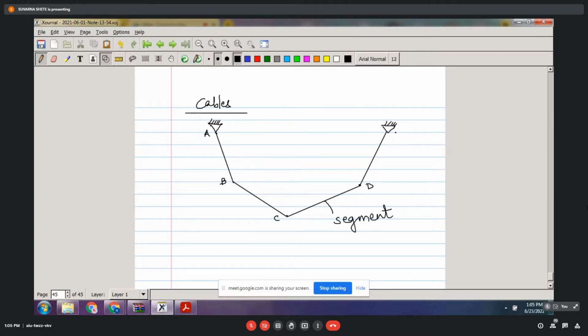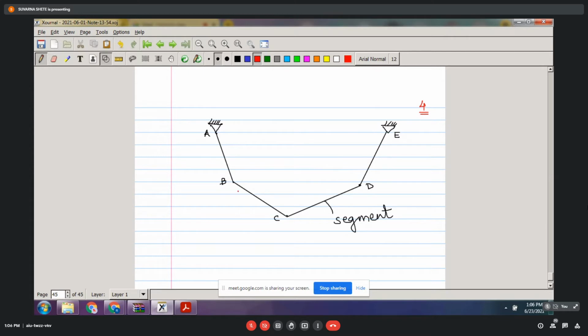So suppose A, B, C, D, E are the joints. At A as well as at E we have hinge support. Can you tell me how many reaction components a hinge provides? Two reaction components, correct? So 2 for A and 2 for E. Right? So 4 reaction components will be there.